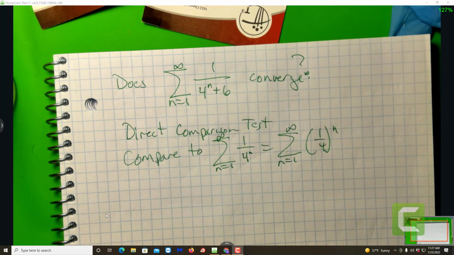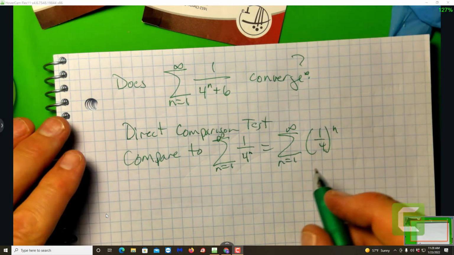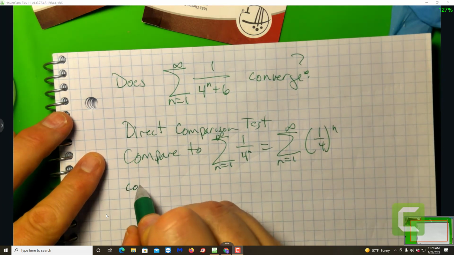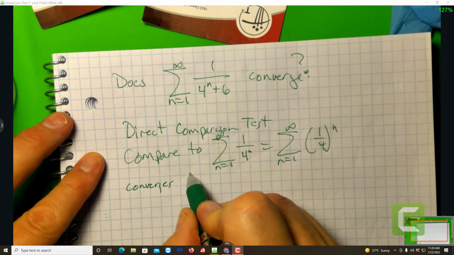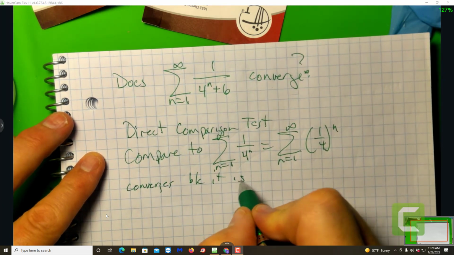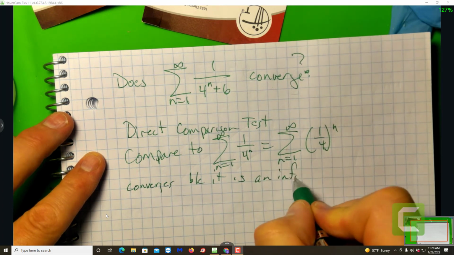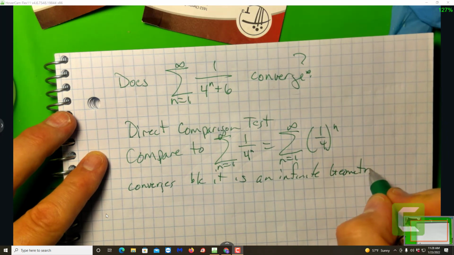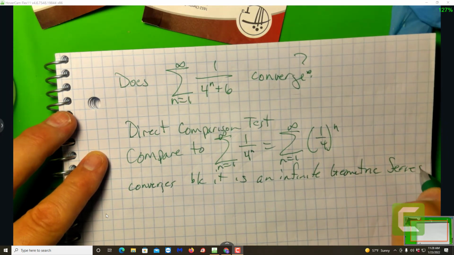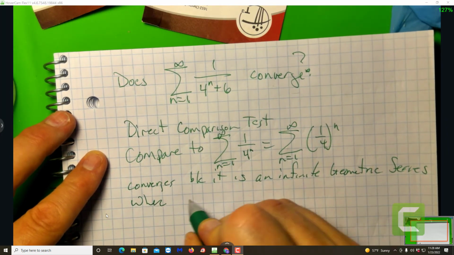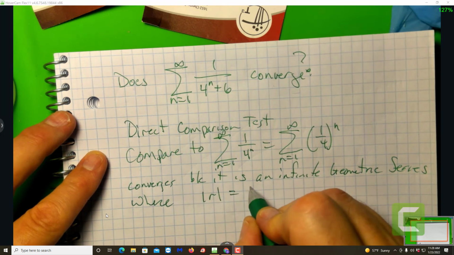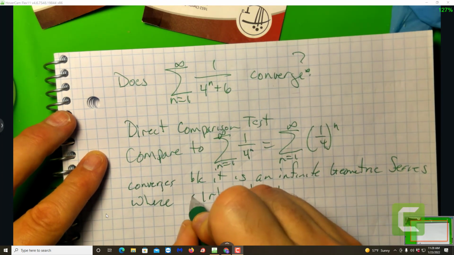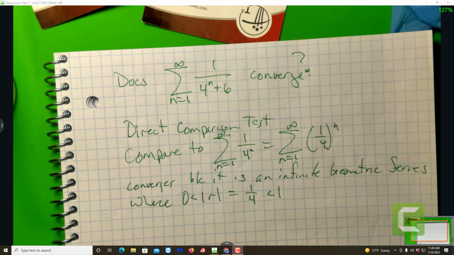The magnitude of the common ratio is 1/4, which is a proper fraction. It converges because it is an infinite geometric series where the magnitude of r is 1/4.